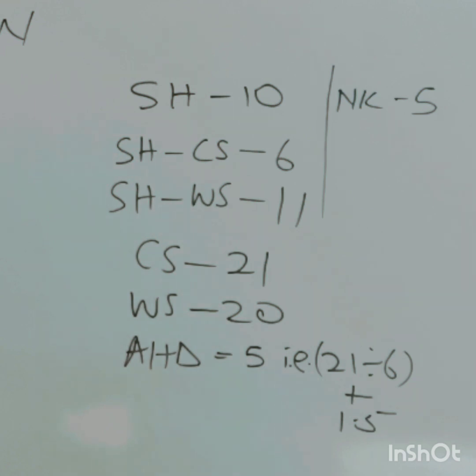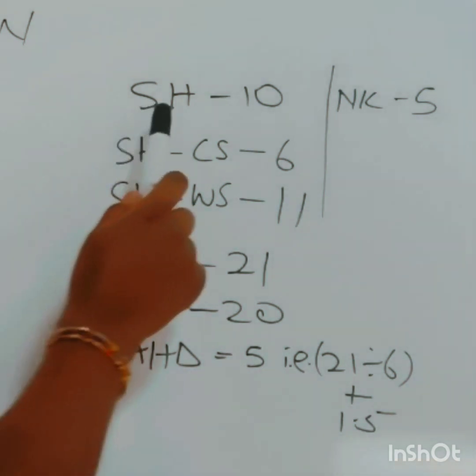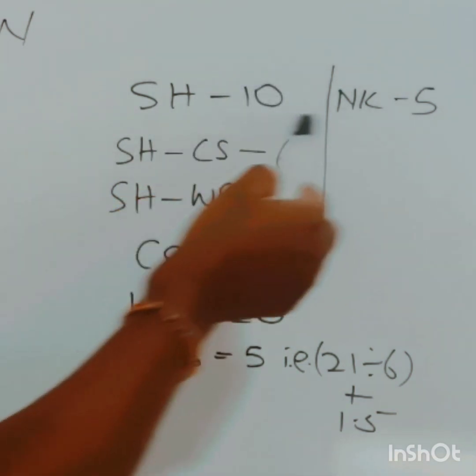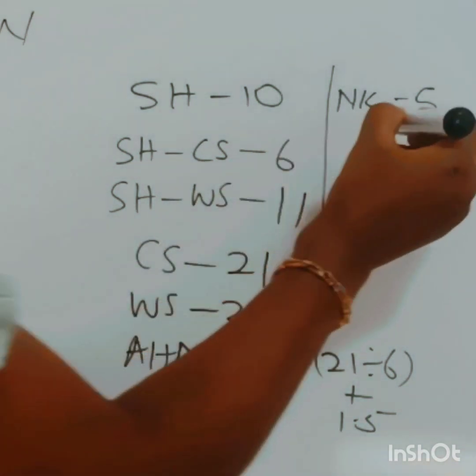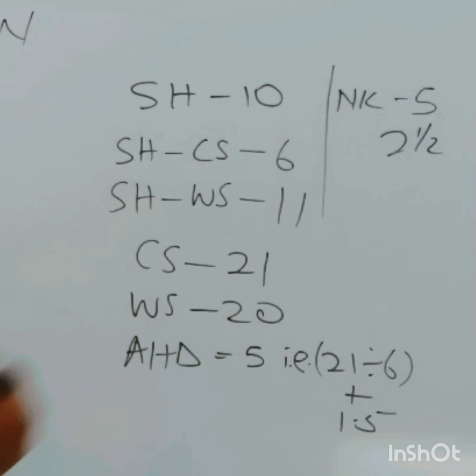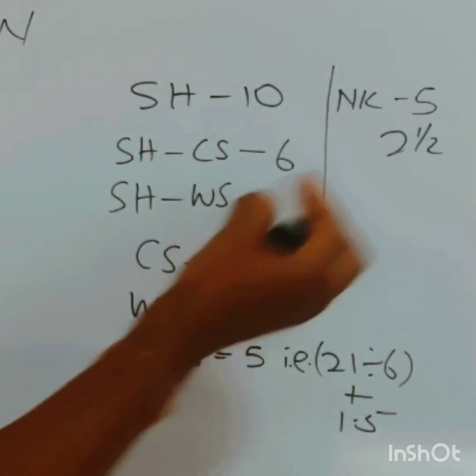So these are the measurements that we are going to be looking at. The shoulder is 10 inches, the neck width is 5 inches, and because our fabric is usually unfolded, that will be 2.5. For a child of 3 years, you can use 2.25.